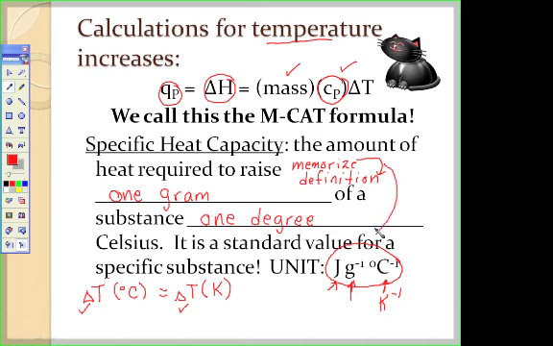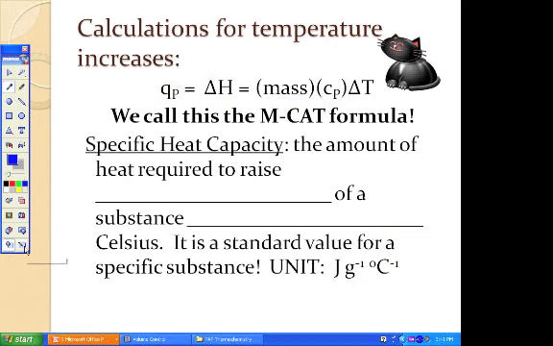So the definition and the units are things that you are expected to know. Now notice that in this unit, our mass is given in grams. So that means we want to use grams as our unit in our MCAT formula. Now that's the basic MCAT formula. We'll do one of these in just a minute.